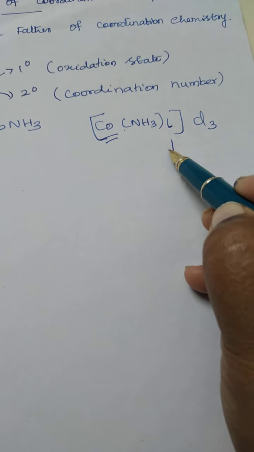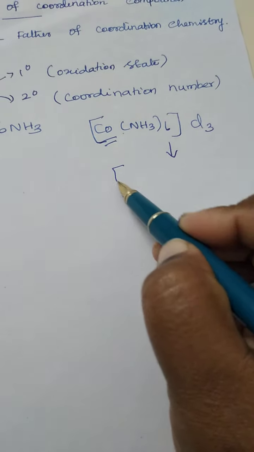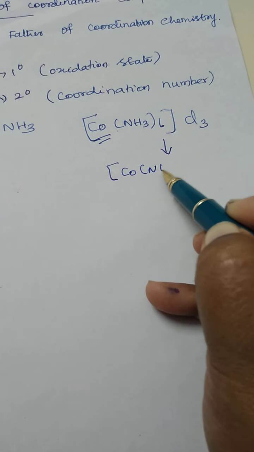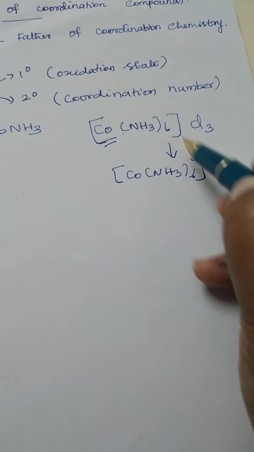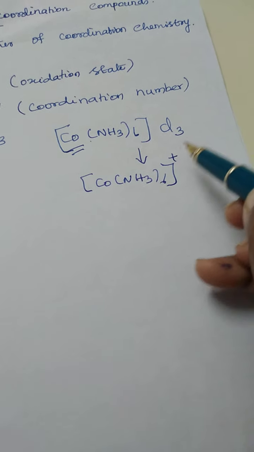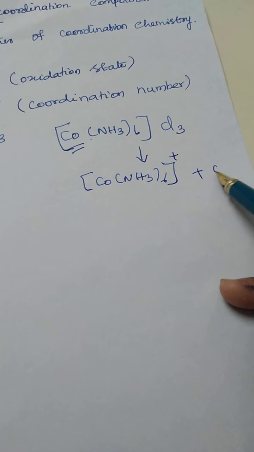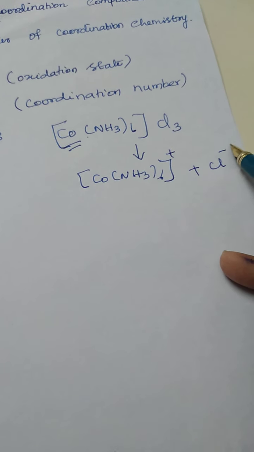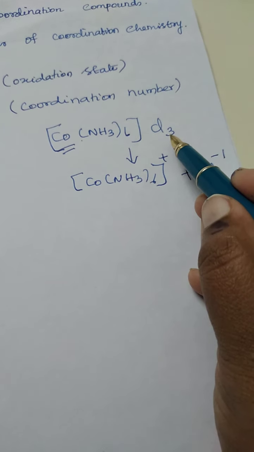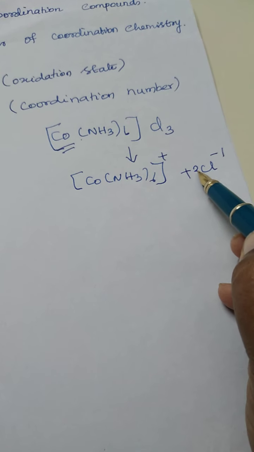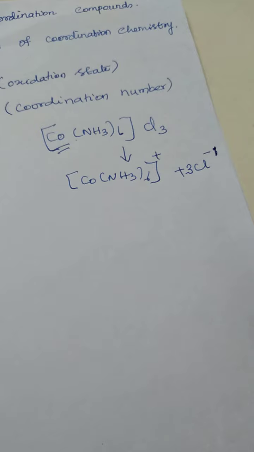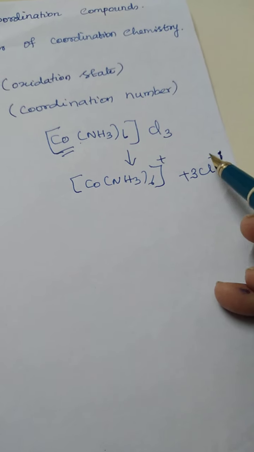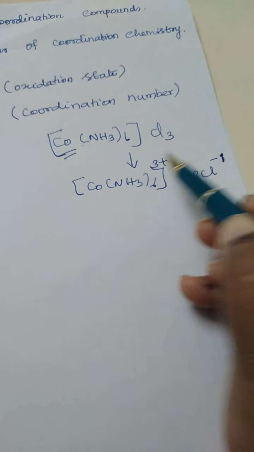So when this ionizes into the complex [Co(NH3)6], which is present first, it carries the positive charge. Normally chlorine, what's the oxidation number? -1. How many chlorides are there? 3 chlorides. So I can write 3Cl-. If there is 3 minus, automatically this becomes 3 plus.